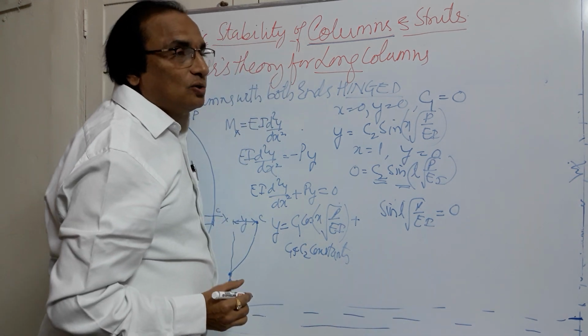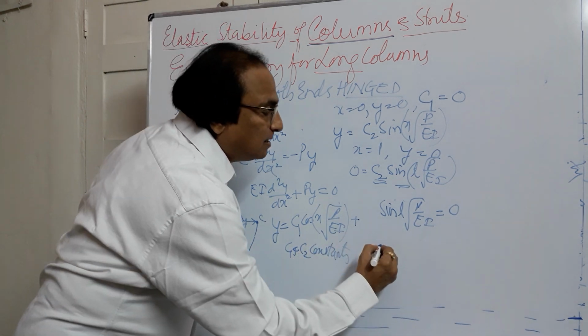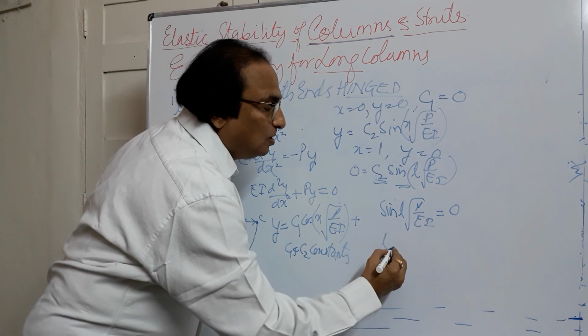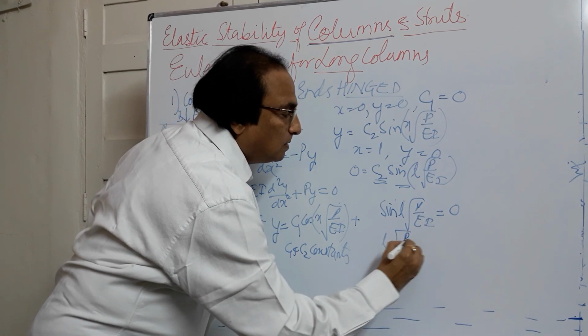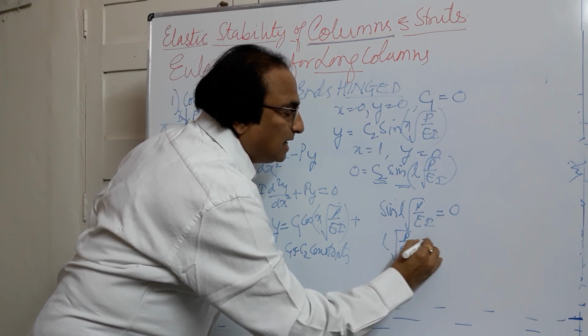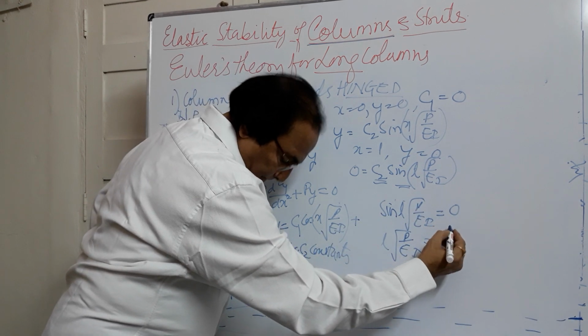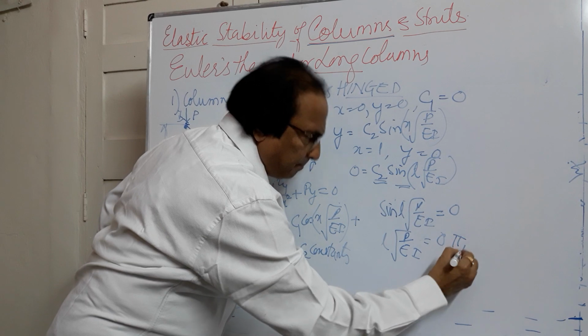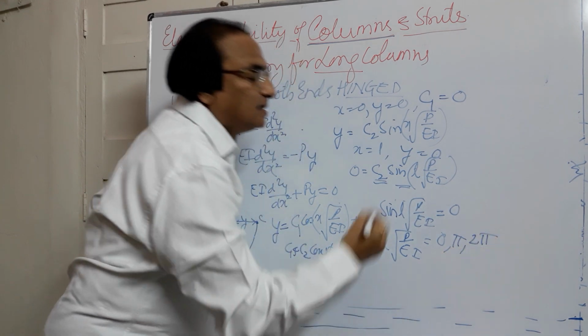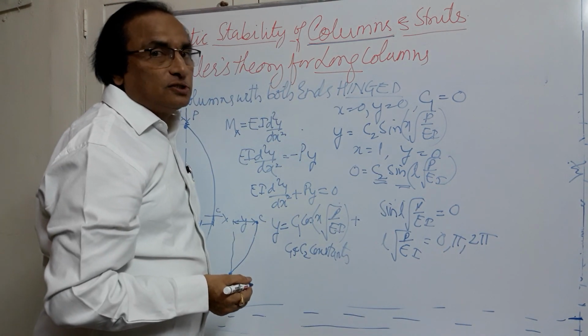When is sin theta 0? When theta is equal to 0, pi, 2 pi, these are the values where sin theta will be 0.